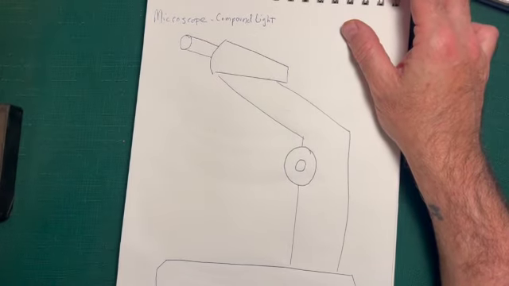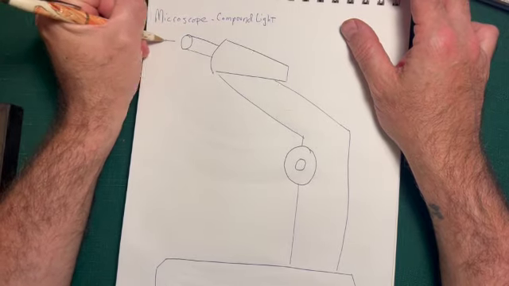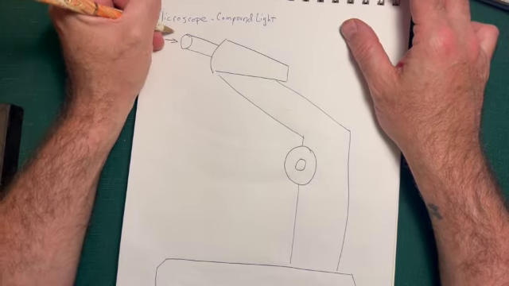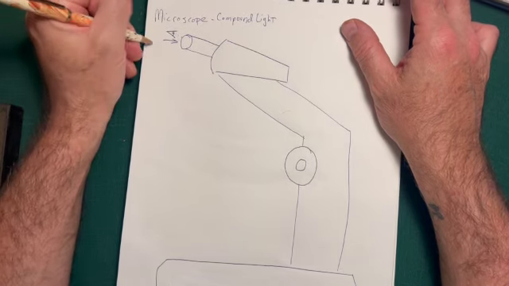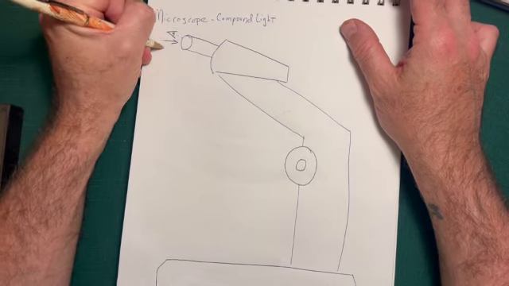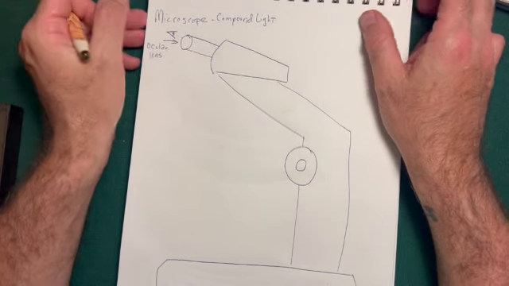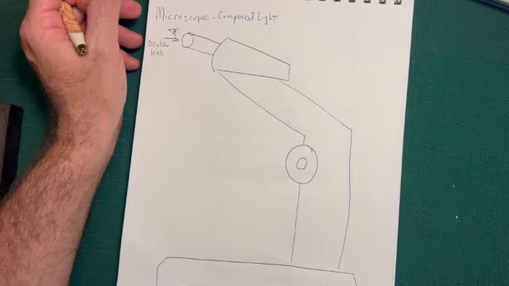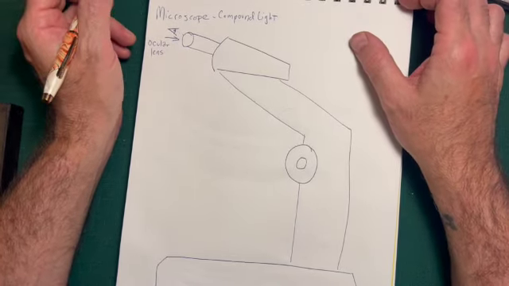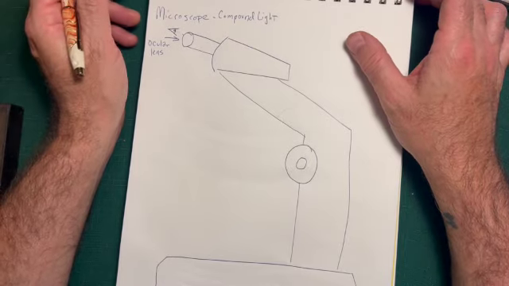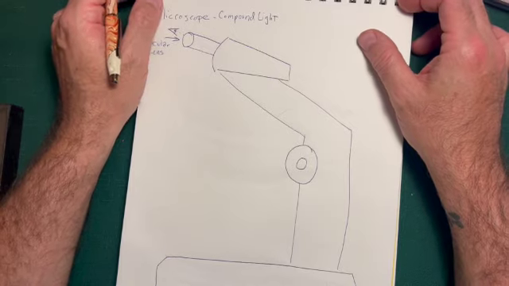So, a couple of parts that I can draw in already. Up here is where your eyes go. And these are the ocular lenses. There might just be one. Historically, you would have monocular vision, and you'd be able to just look through one, and you'd have to try and keep the other eye open and focus, or you could close the other eye.